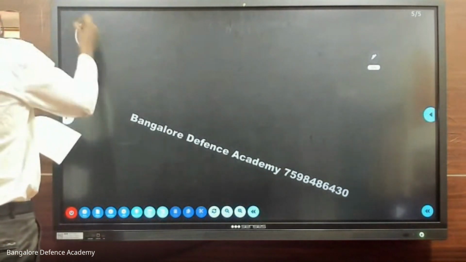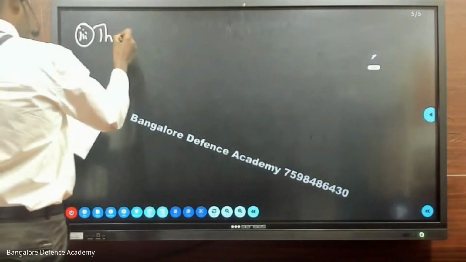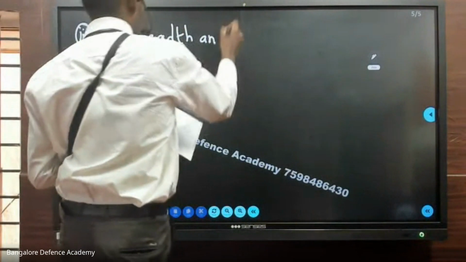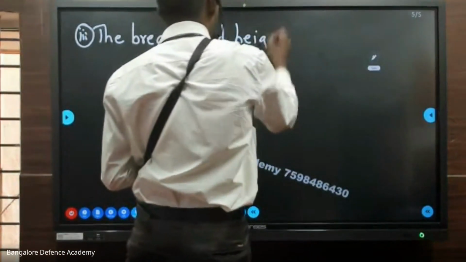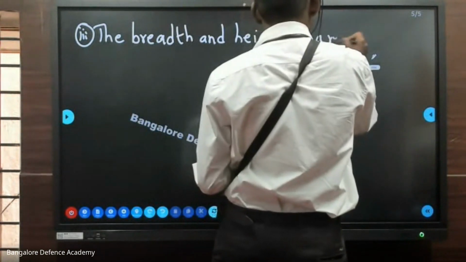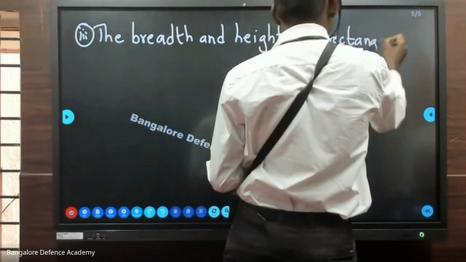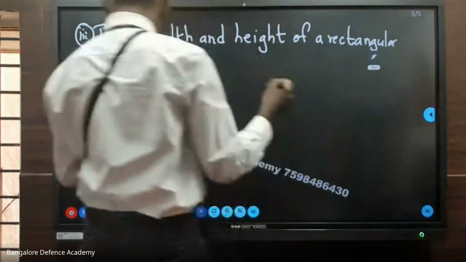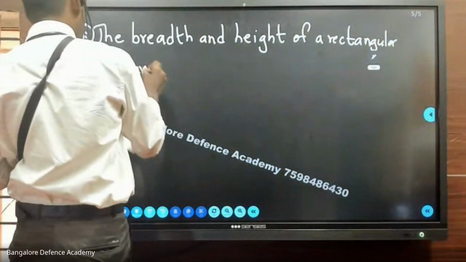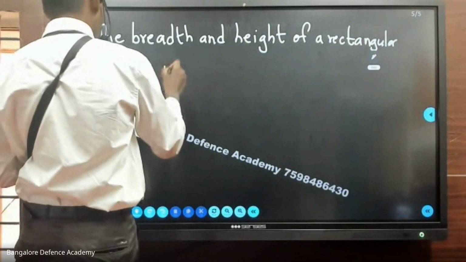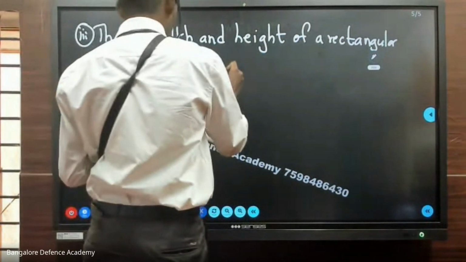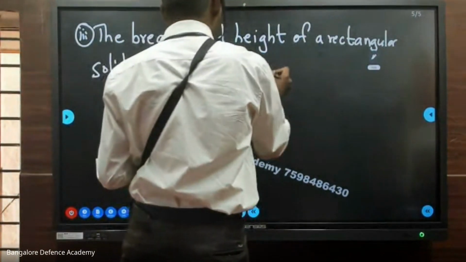Question number 3. The breadth and height of a rectangular solid are 1.20 meter and 80 centimeter.